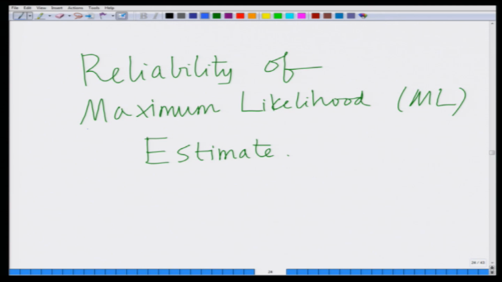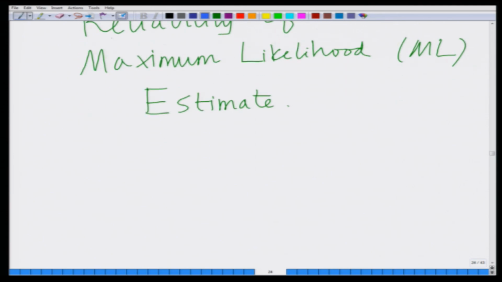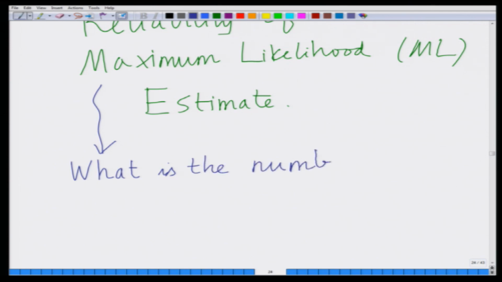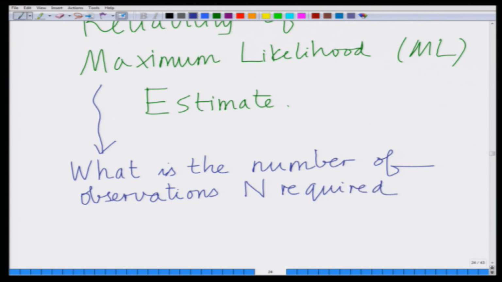Namely, what is the number of samples, or number of observations, n, required for estimation of a particular accuracy?